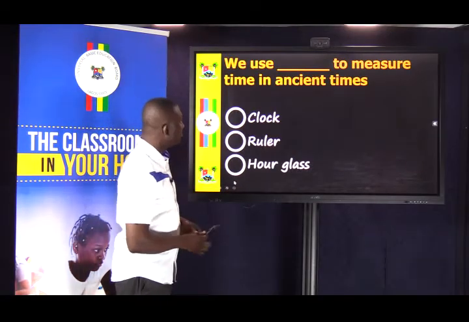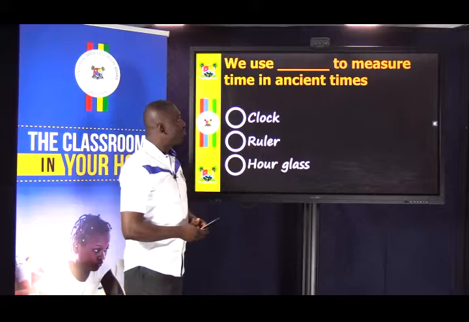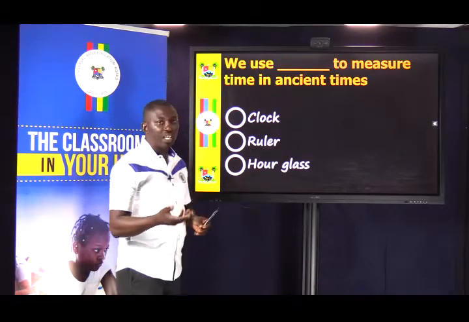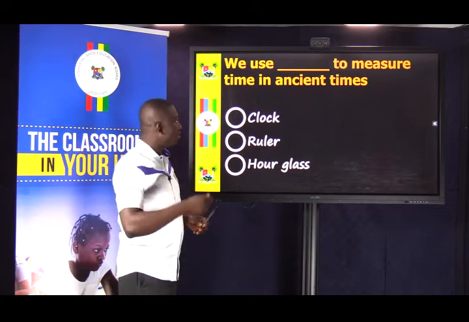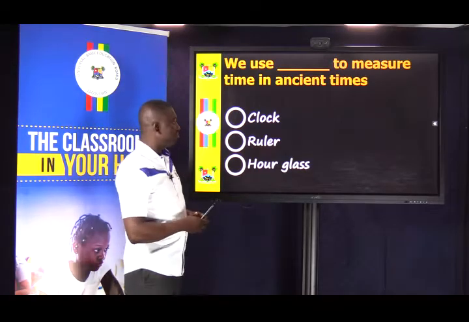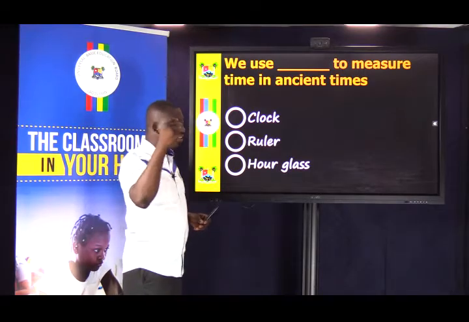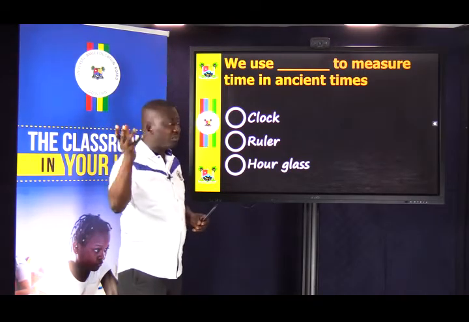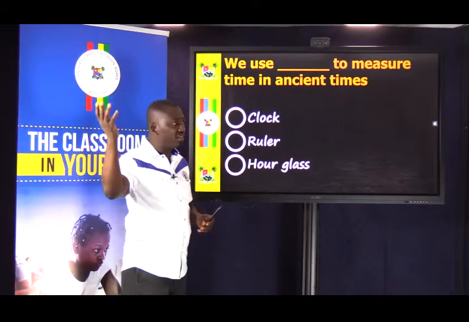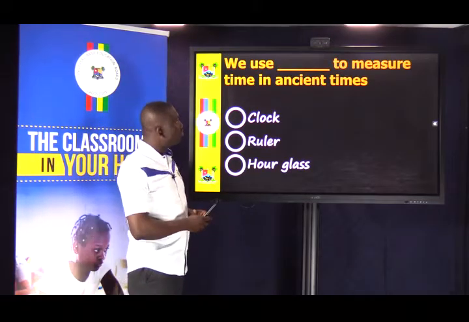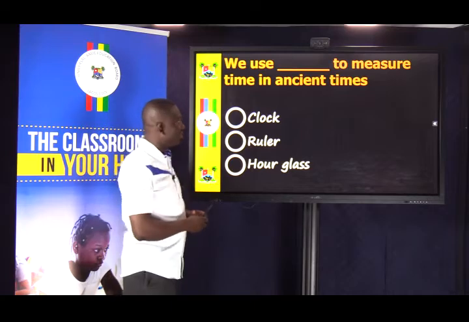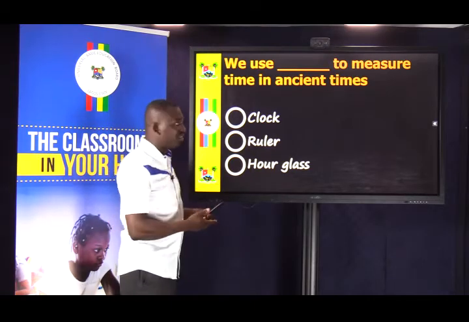To the next question. We use dash to measure time in ancient times. What do we use to tell the time in the ancient period? Is it clock? Is it ruler or hourglass? During the time of Moses, during our great grandfathers, what did they use to tell the time, if it's evening, if it's afternoon?